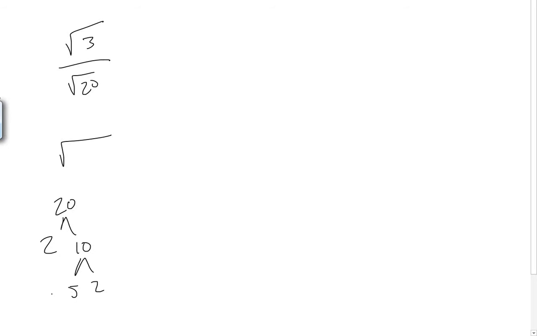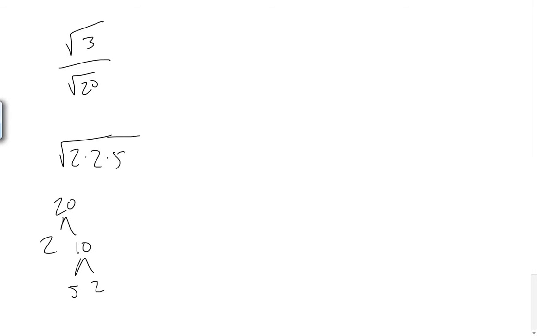It's very helpful, but if I go back to the square root of 3 over the square root of 20, I can see that 20, if I break it all the way down using a factor tree, is 2 times 10, which is 5 times 2. So there's 2 2's and a 5 on the inside. I know that 2 times 2 gives me 4. I can take its square root.